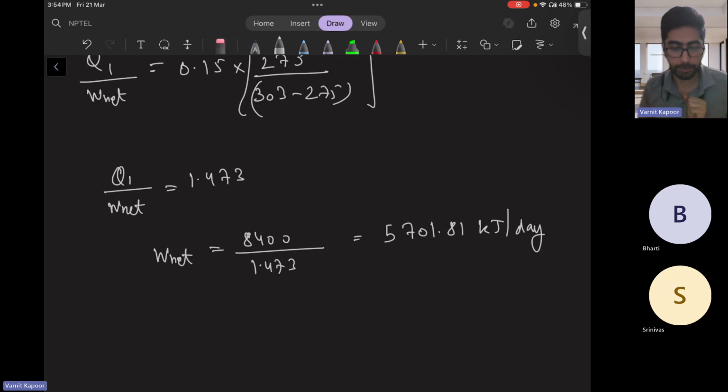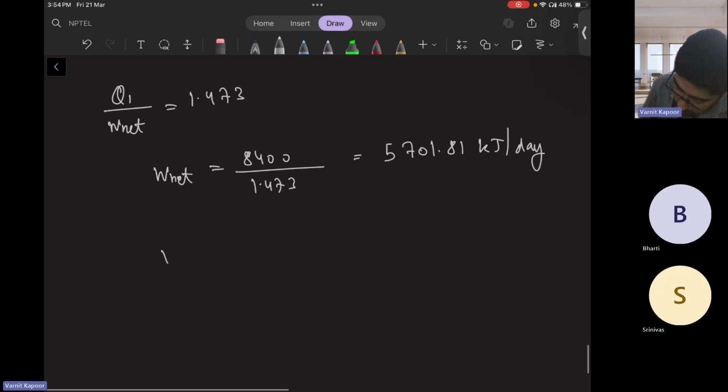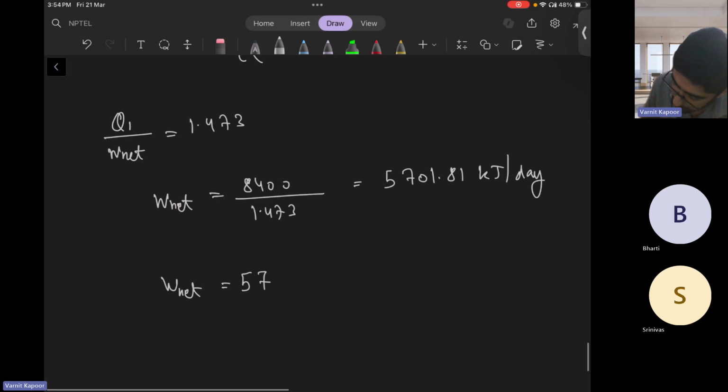It's in one day, so in 30 days the work net is equal to 5701.81 into 30, that will be kilojoules per month.